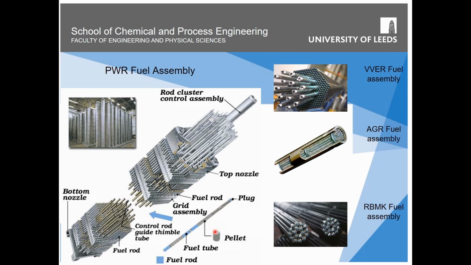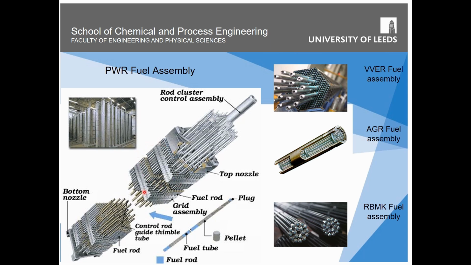We stack a number of these pellets into a metal tube, a fuel rod, and seal it. Then we stack all those fuel rods together into a large stack held together with grids. In this particular case, it's probably about 18 by 18, and that's referred to as a fuel assembly.